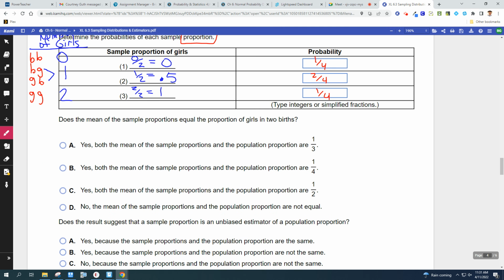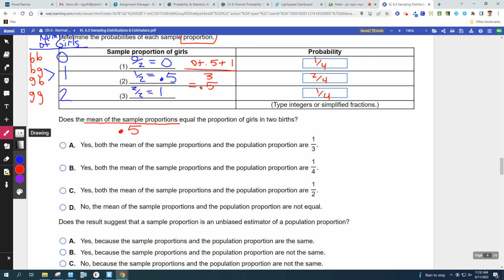So then they ask the same question, right? They talk about the mean of the sample proportions. Well, the mean of the sample is going to be 0 plus 0.5 plus 1 over 3, which equals 0.5.